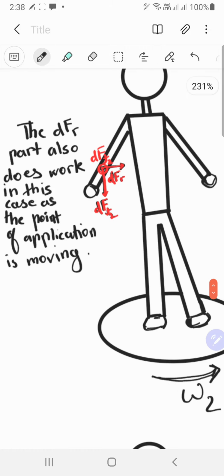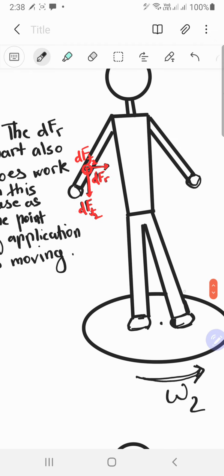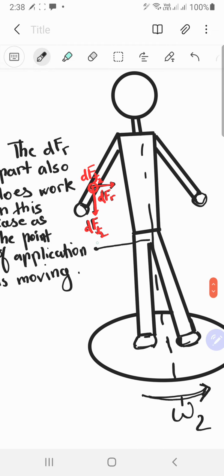So over here the forces are acting something like this. There's this radial force, the force in the radial direction. Basically this is the axis of rotation, so you can see that this direction is the radial direction. The other two directions, this one and the one which is upward, are tangential.